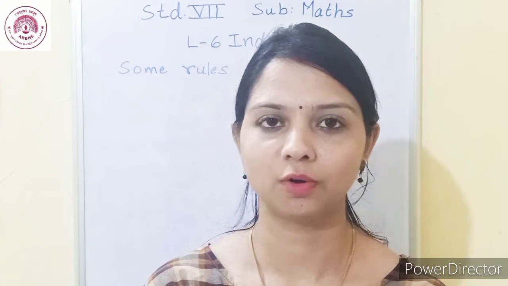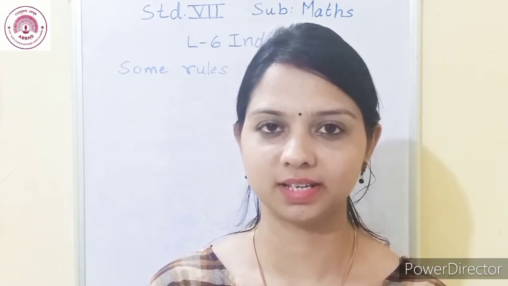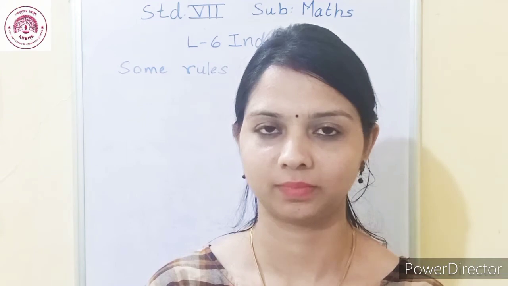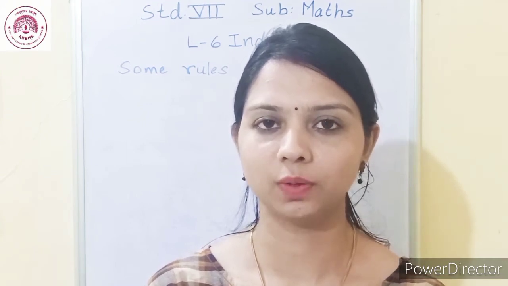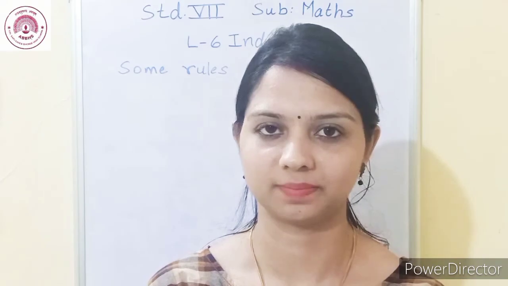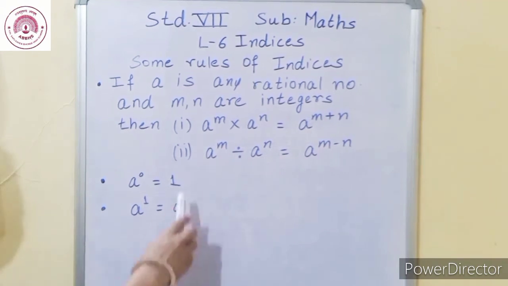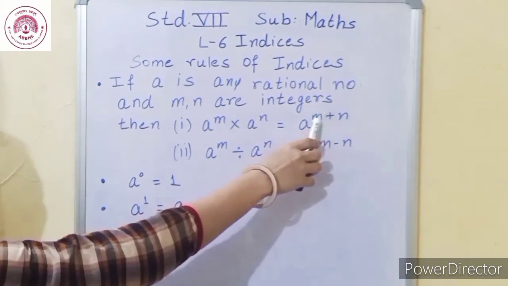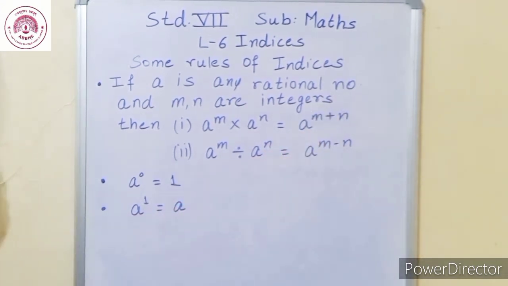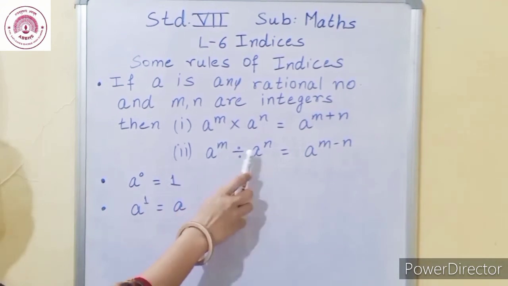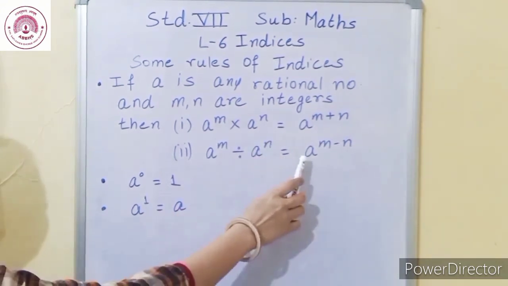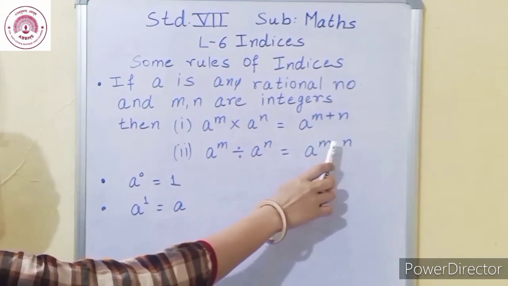In the previous video, we learned how to divide indices having the same base. Now, we are going to learn some rules of indices. We have learned if a is any rational number and m, n are integers, then a raised to the power m multiplied by a raised to the power n becomes a raised to the power m plus n, and a raised to the power m divided by a raised to the power n becomes a raised to the power m minus n.